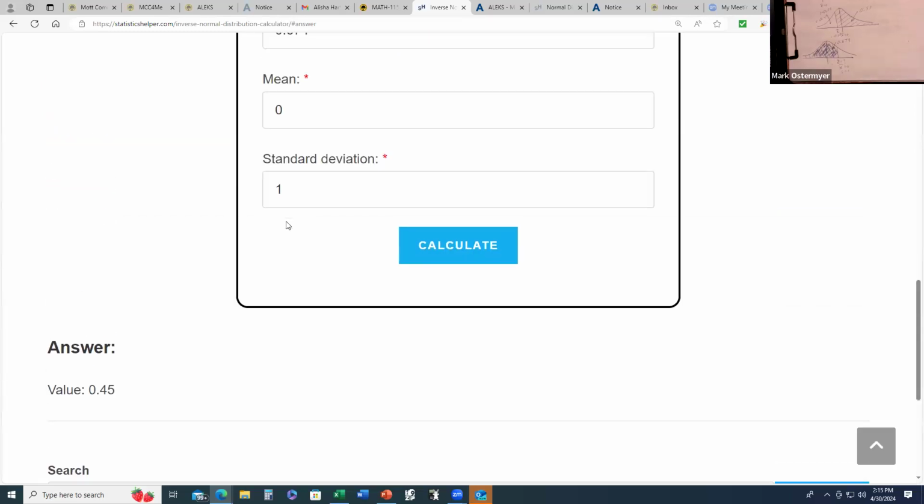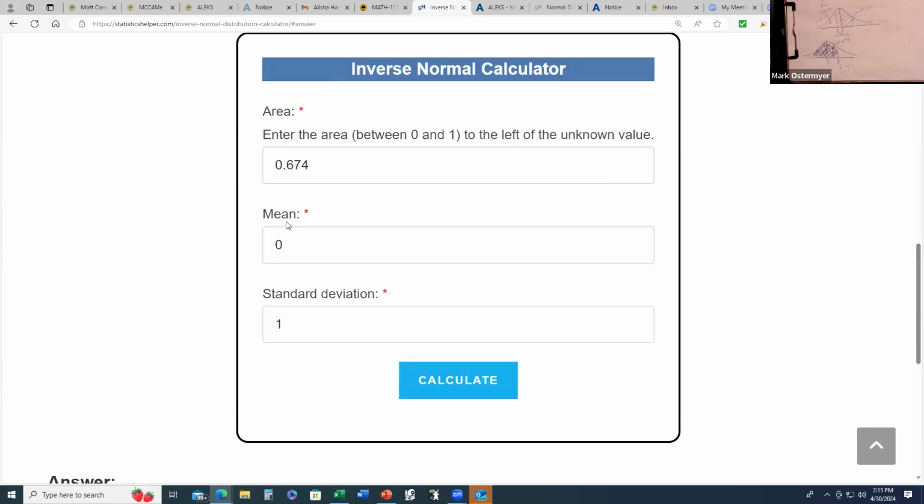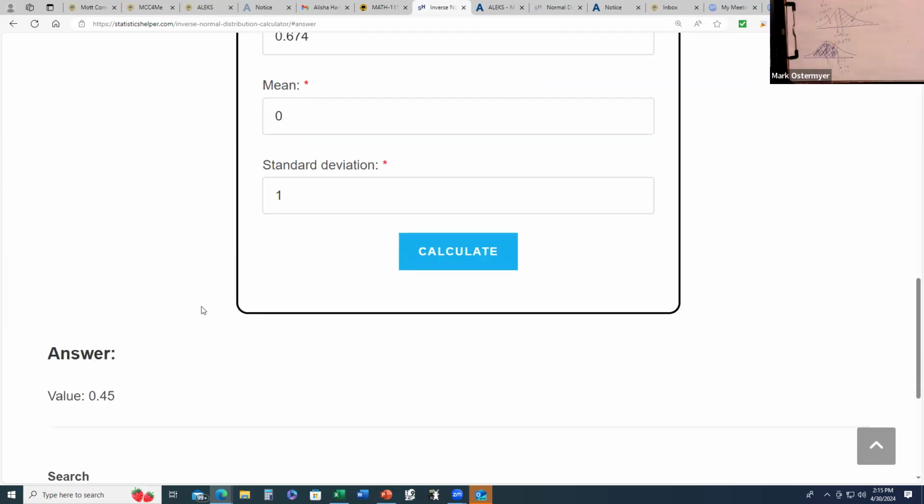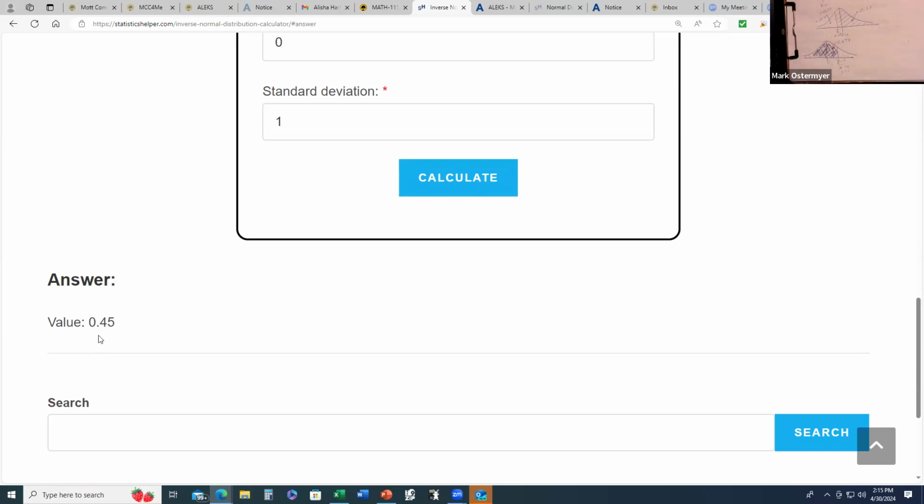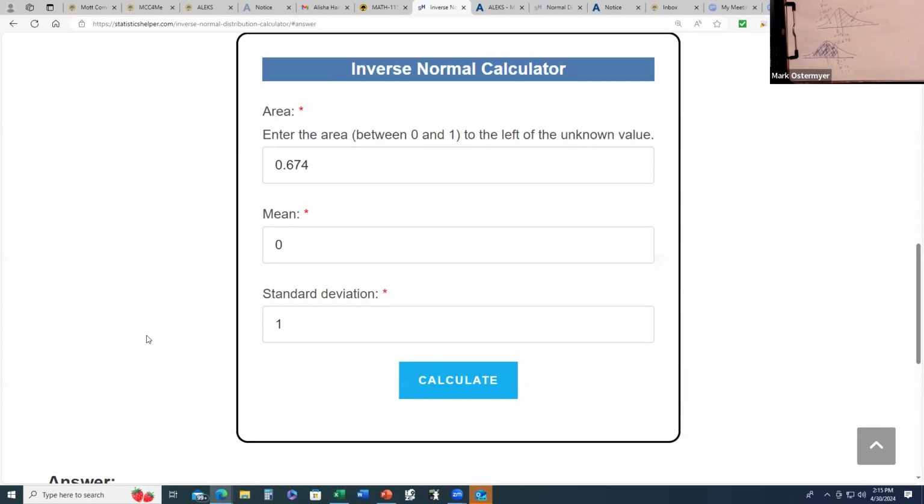Something's wrong. The area to the left is 0.674, right? We should have a z value that is greater than 0.5, shouldn't we? Sure we should. Because that's more than 50% of the area of the curve. That's 67.4%. So what's going on here?